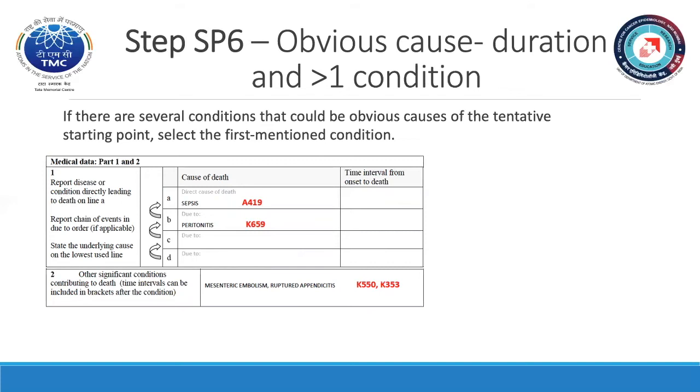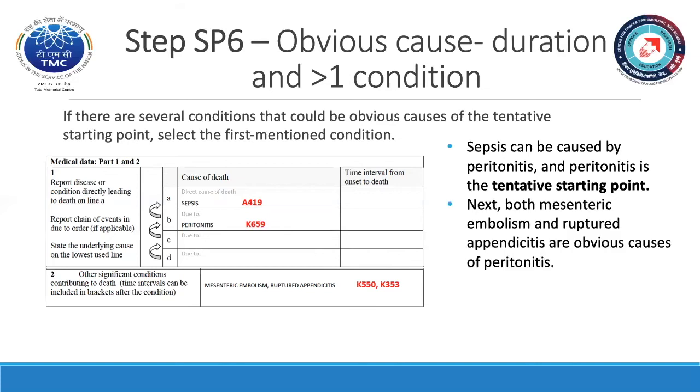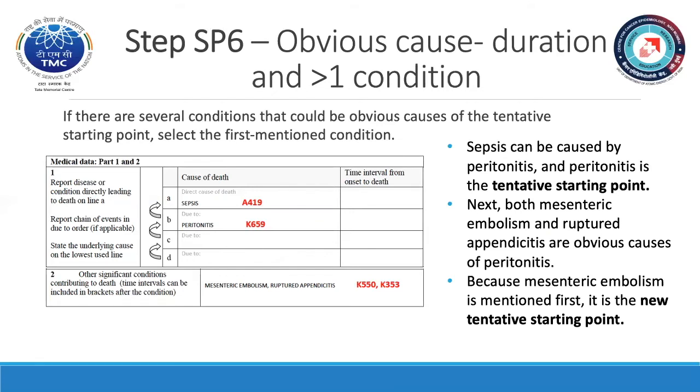In this case, sepsis can be caused by peritonitis, and peritonitis is the tentative starting point. Next, both mesenteric embolism and ruptured appendicitis are obvious causes of peritonitis. Because mesenteric embolism is mentioned first, it is the new tentative starting point.